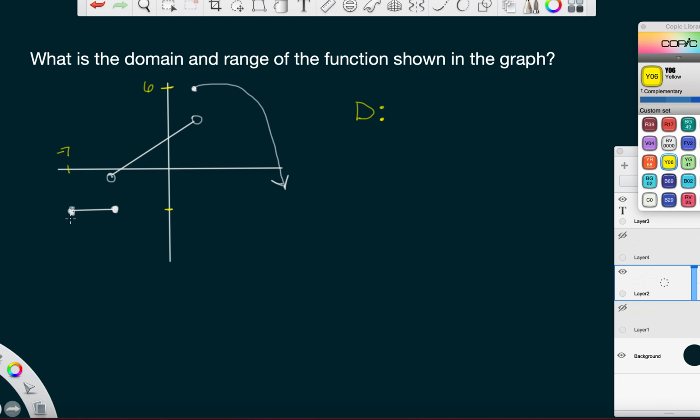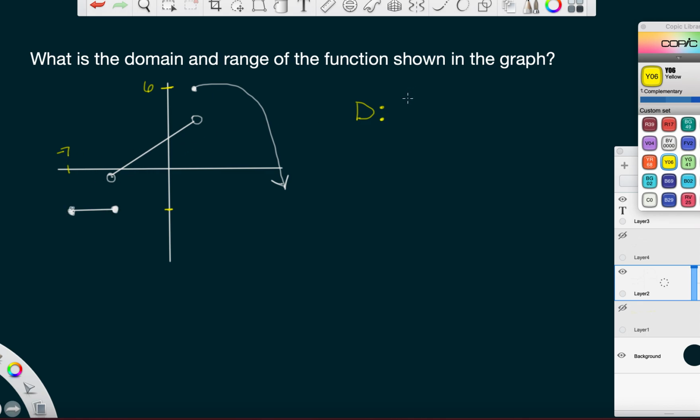Okay, so as we sweep across along the x-axis going from left to right, the first value on the x-axis where I get an output, where there's a piece of a function, as we sweep all the way across, we are always sweeping across a function, whether it be up here, in the middle, or down here.